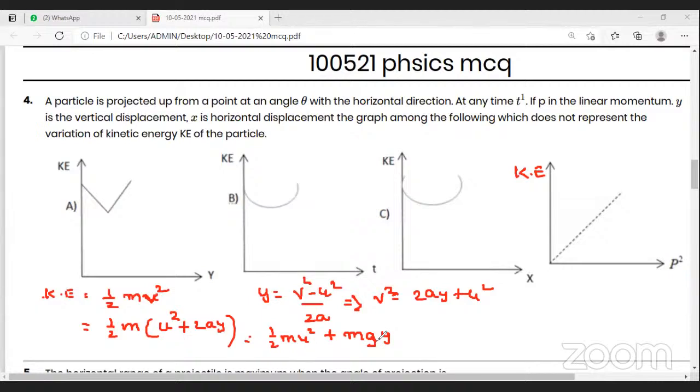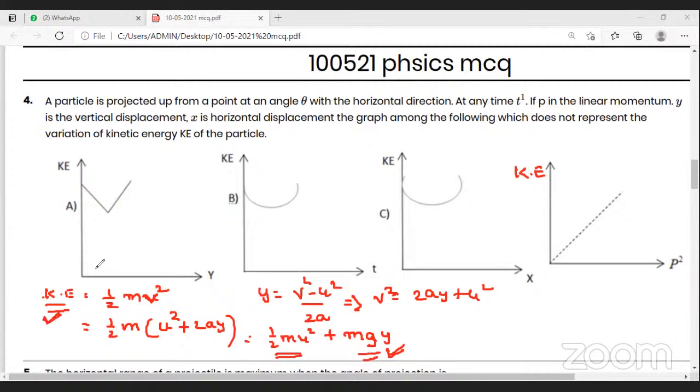Now the relation between kinetic energy and y can be taken as k equals half m u square, which is the initial kinetic energy, constant, plus m g into y. That means when y increases, kinetic energy also should increase.